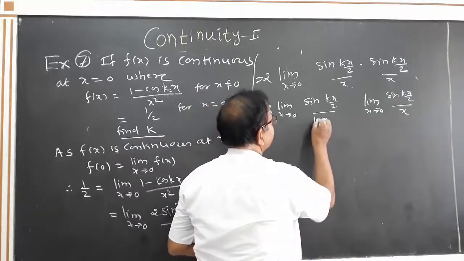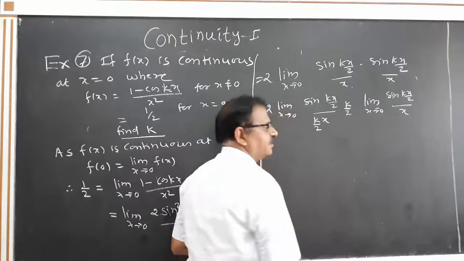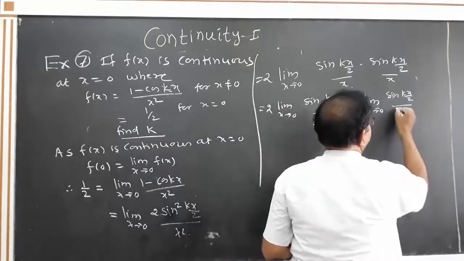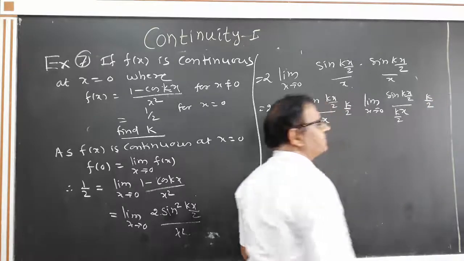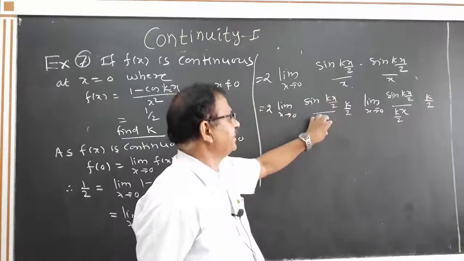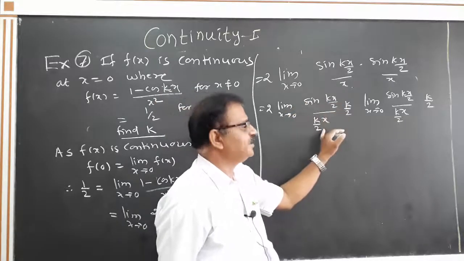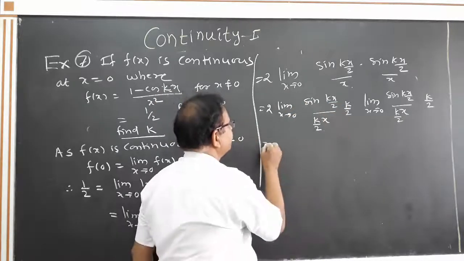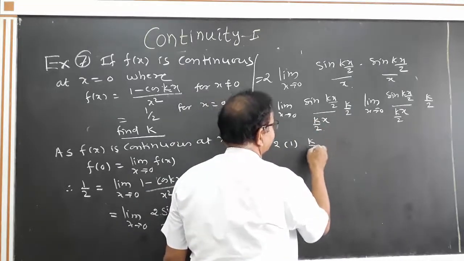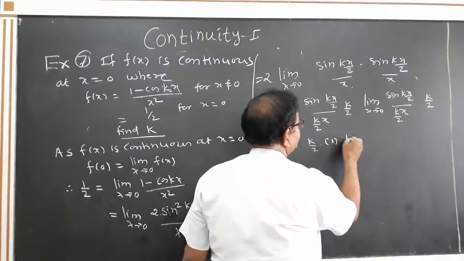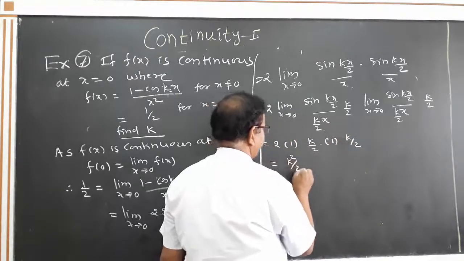We shall multiply by k by 2 in the denominator and in the numerator also, k by 2 being constant. Here also the same thing. Thus it becomes sine theta by theta, and limit theta tends to 0 of sine theta by theta is 1. Therefore this can be written as 2 into this limit 1, this k by 2 into this limit 1, this k by 2. That is nothing but k square by 2.